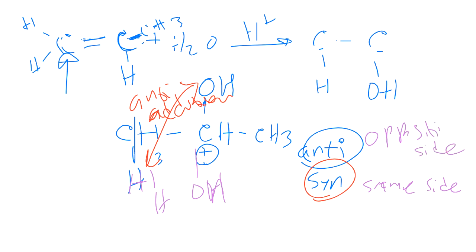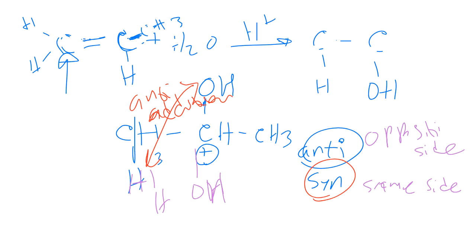But one to each carbon though. Hydrogen is added to one carbon, OH on the adjacent carbon. If it's on the same side, it's called syn addition. If it's on the opposite side, it's going to be anti-addition.